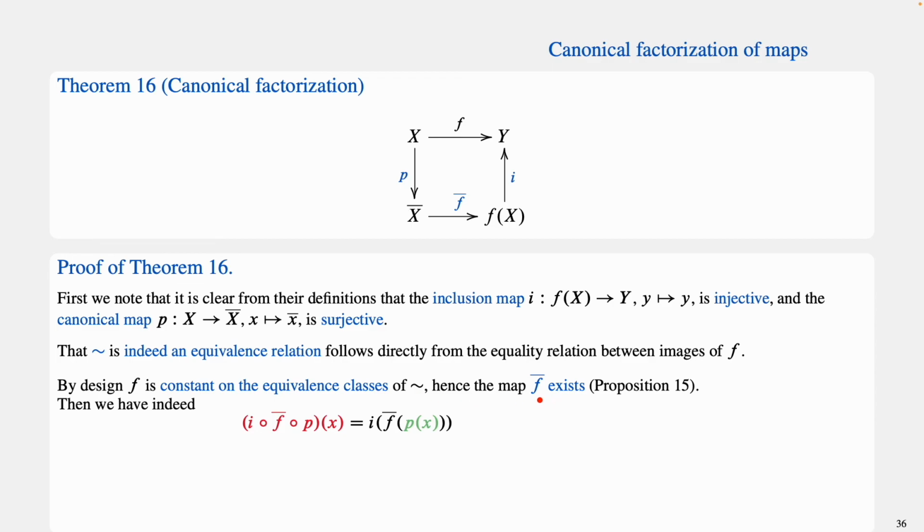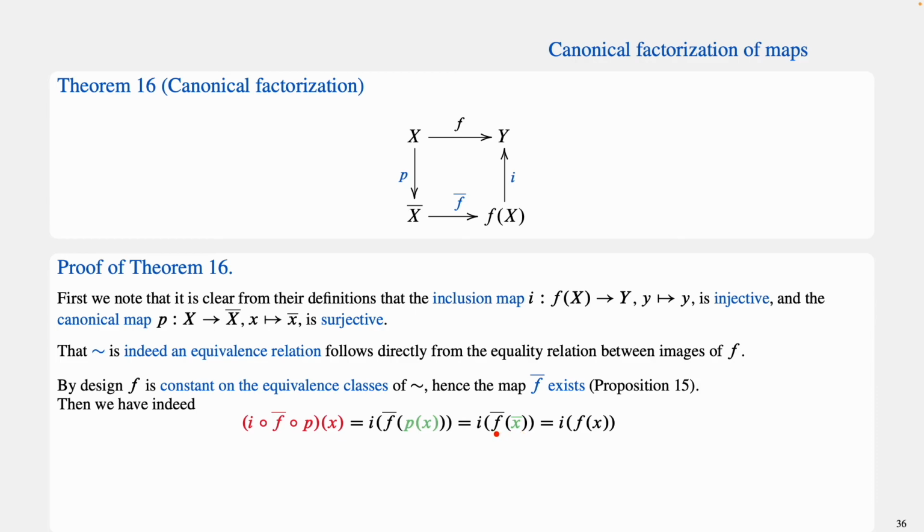So by proposition 15, the map f bar exists, and we have indeed that the composition of the inclusion map with f bar and p applied to an element x equals i applied to f bar applied to p of x. This is just x bar by definition.